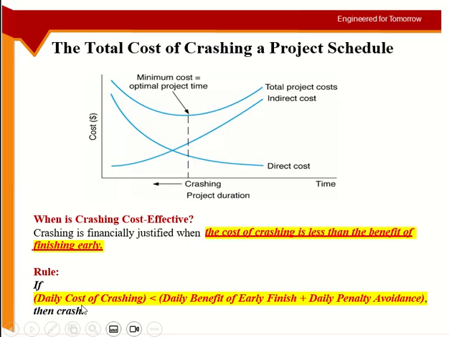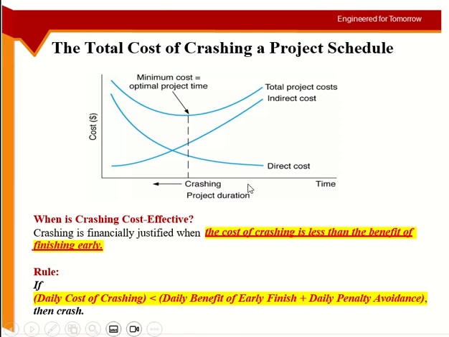So the rule is if the daily cost of crashing, per day extra cost, is less than the daily benefit of early finish plus daily penalty avoidance, okay, then we should crash. Okay, so the daily benefit is the reduction in indirect cost.